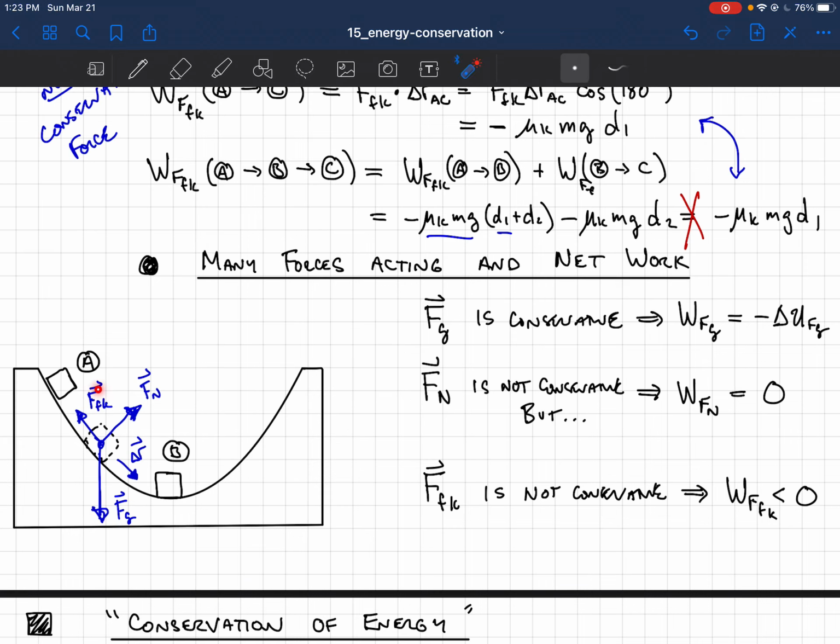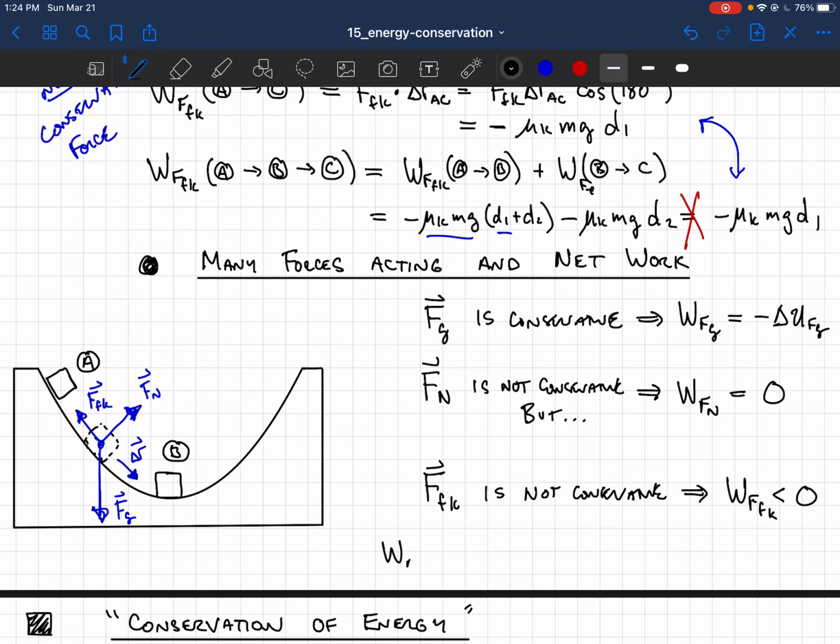So we can imagine looking at all of the forces doing their work. The work done by the force of gravity can be represented with a potential energy function now. The normal force doesn't matter at all for the work, and the frictional force is going to be some negative quantity.